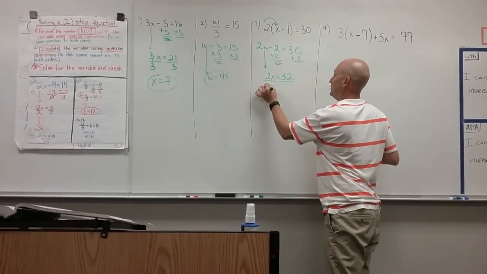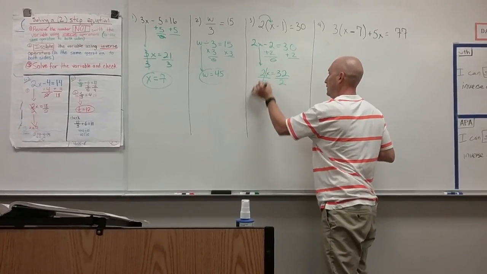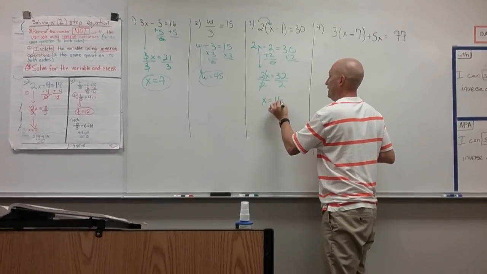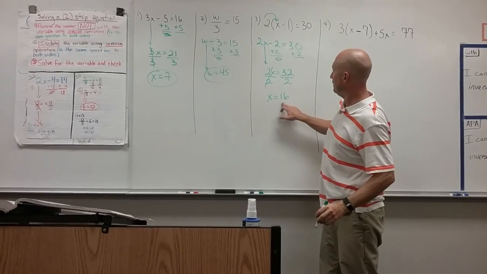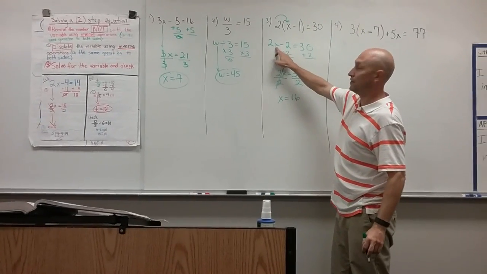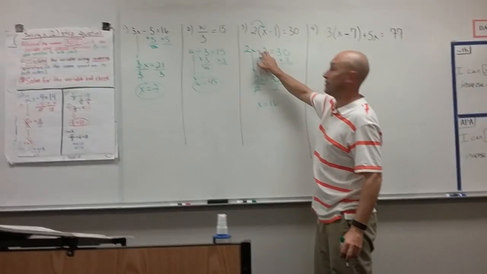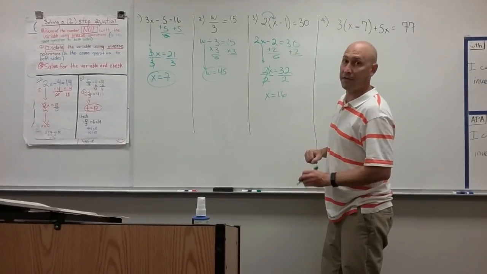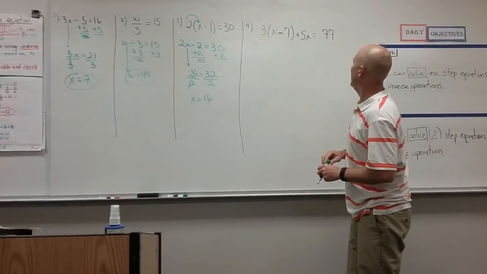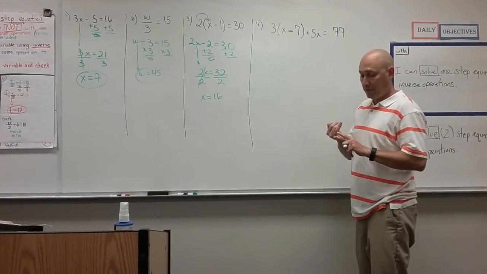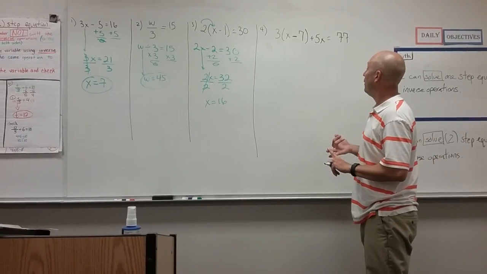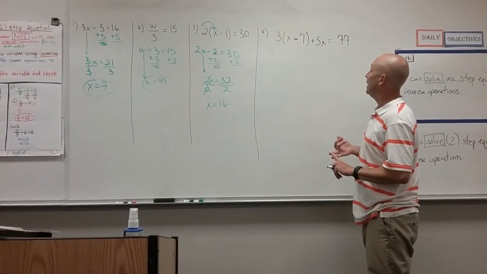Divide both sides by 2. X equals 16. So when I plug it back in, 2 times 16 is 32. 32 minus 2 is 30. So I know that I've got it correct. 30 equals 30.